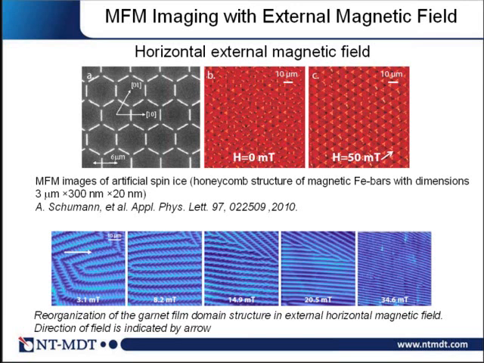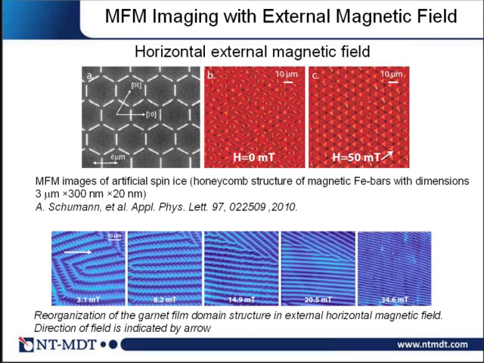Another example of images obtained by a rather weak magnetic field is presented here on the bottom, and again these are Garnet films. It is well known that in Garnet films, the domain structure is rather complicated due to a complex interplay between dipole fields in these domains.